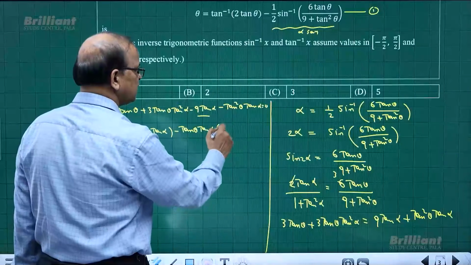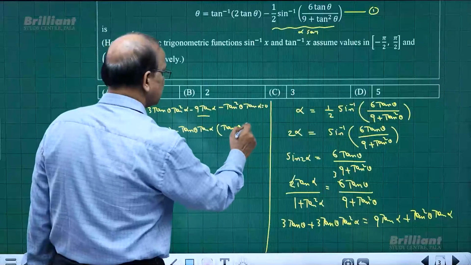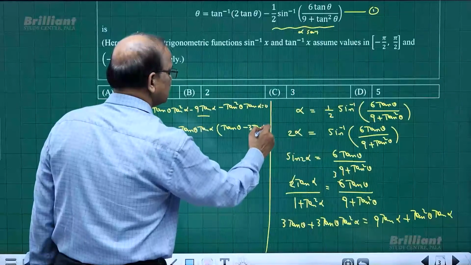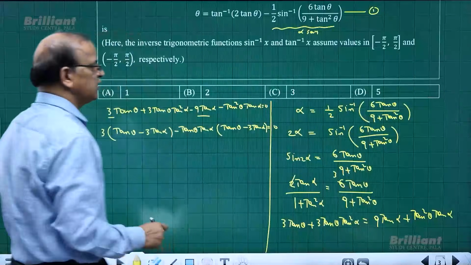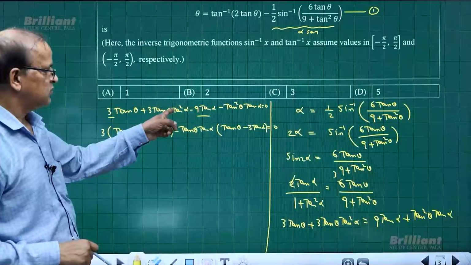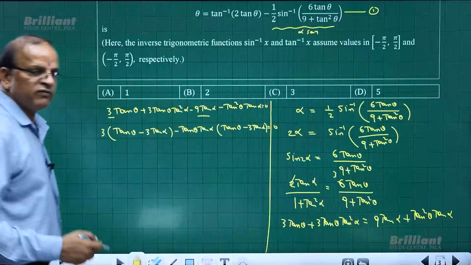Here you will get tan theta minus 3 tan alpha is equal to 0, right? Minus tan theta tan alpha common, so minus 3 tan alpha. Now again tan theta minus 3 tan alpha common.